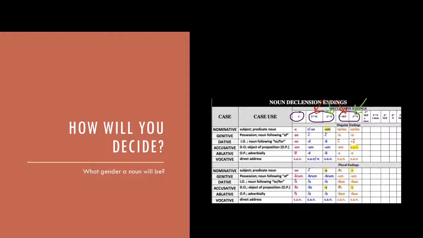How can you use those two pieces of information that you're given to determine what is the declension of the noun or the group that it belongs to, and therefore what set of endings it will use? And how can you decide what its gender is going to be?